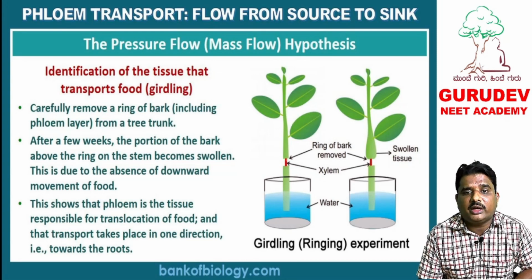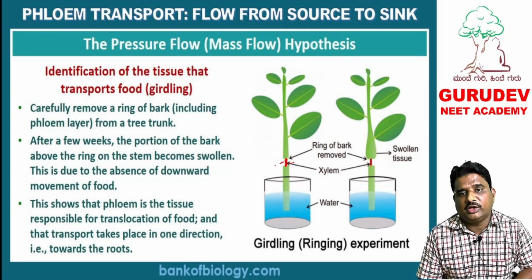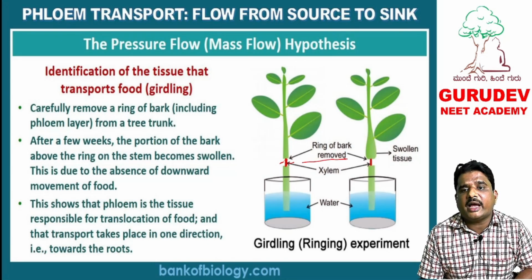In this experiment, what did they do? They removed the bark and phloem tissue from this plant, and only xylem was kept in the middle. They removed the phloem, kept only xylem, and after some days, what is happening? Above this ring, there is a swelling like this. This swelling is because food accumulates at this particular area and is not transported to the lower part.